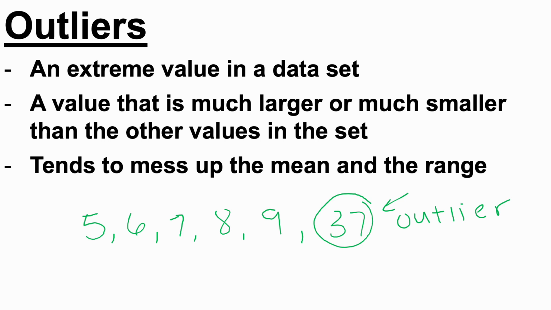Or if I added something like -2, that's a really far number away, so that would be an outlier in the other direction. An outlier is a value that is much larger or much smaller than the other values in the data set.